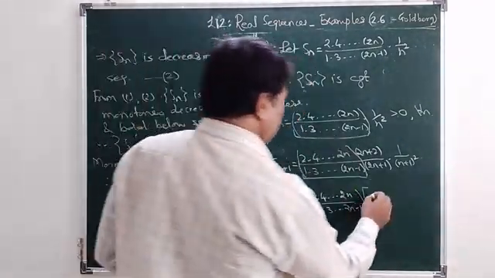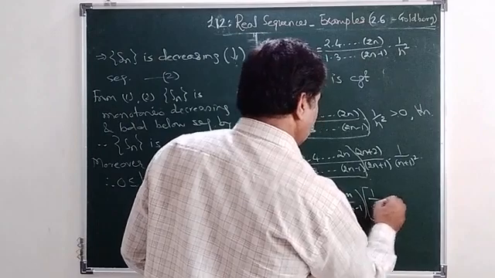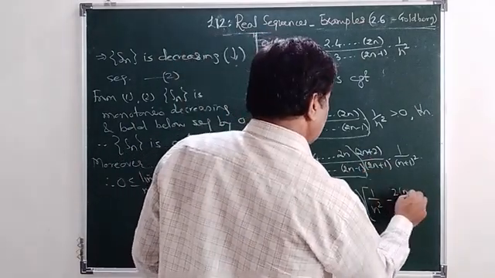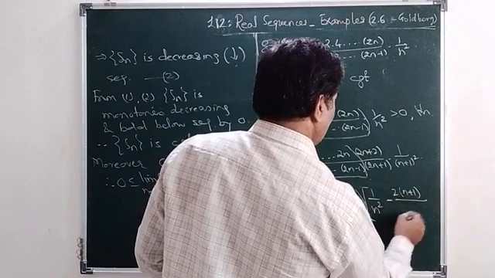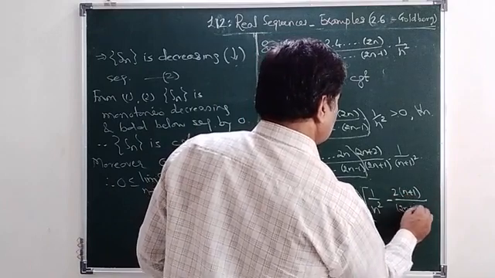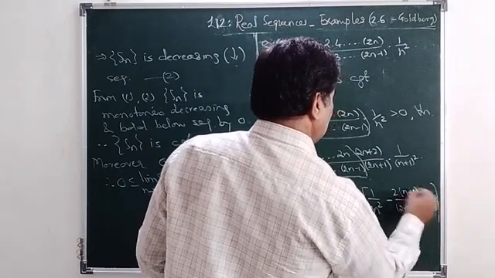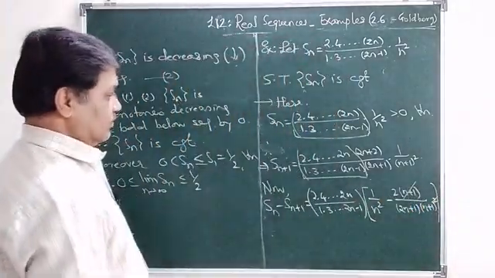In Sn it is 1 upon n square minus, from this it is nothing but 2 in bracket n plus 1 upon 2n plus 1 into n plus 1 bracket square. So this one n plus 1 will get cancelled.